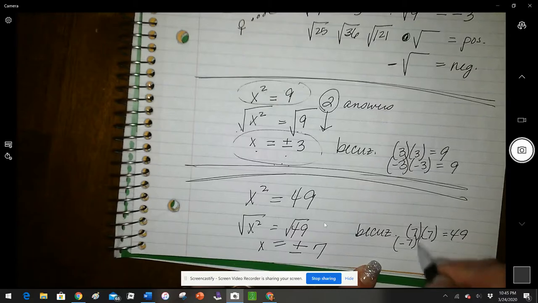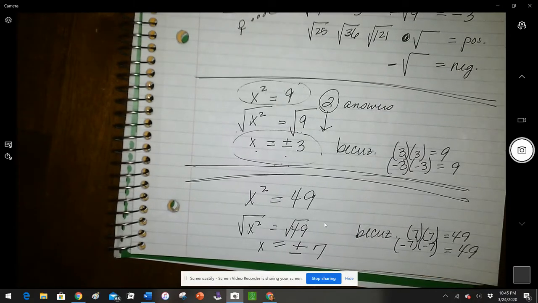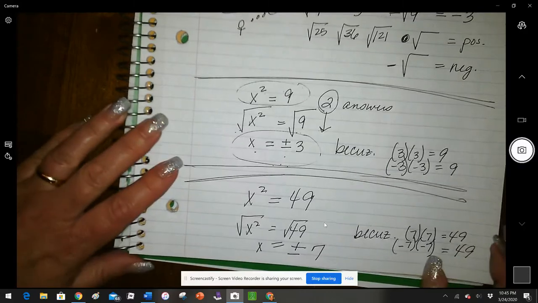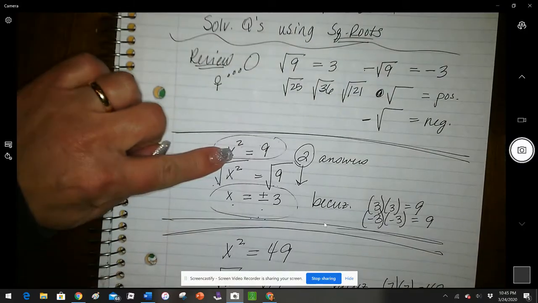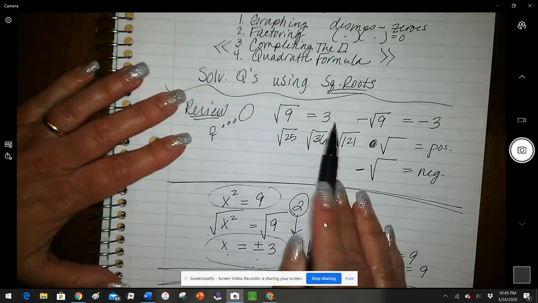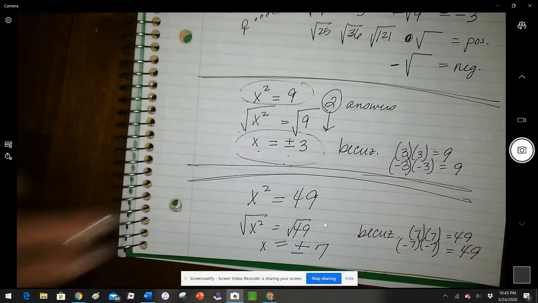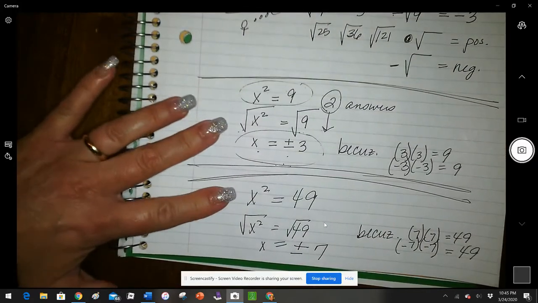And negative 7 times negative 7 is also positive 49. Okay, so this was before up here, this review, right? When we had a positive in front, your answer was positive. A negative in front, your answer was negative. But now it's a little bit different.